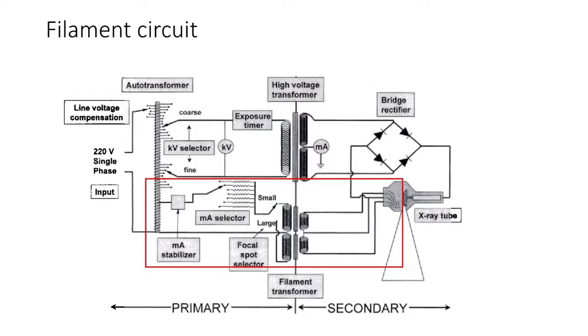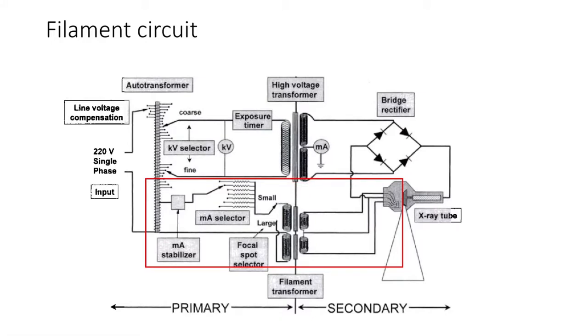It is its own sub-circuit, which includes the filament from which we thermionically emit electrons. So you might find some texts that refer to the filament circuit. What they're referring to is this bottom half, of course not including this high voltage. So our box should be slightly lower. It shouldn't include that part.